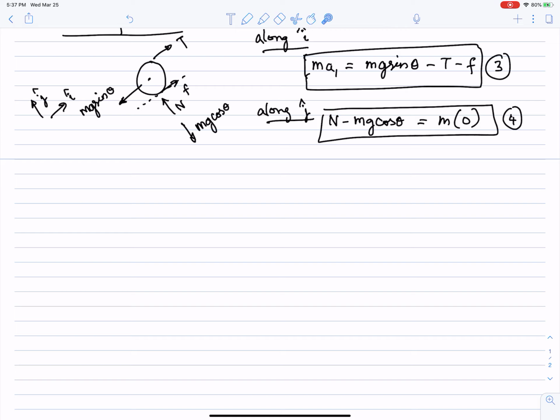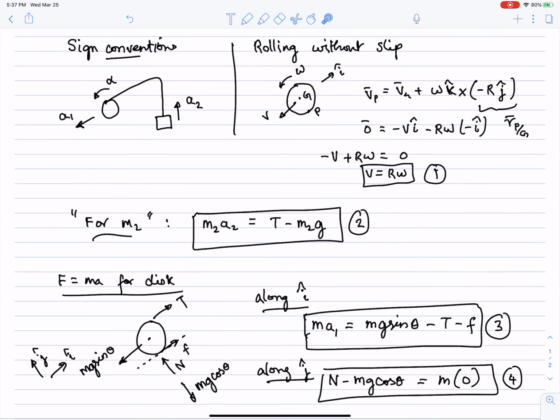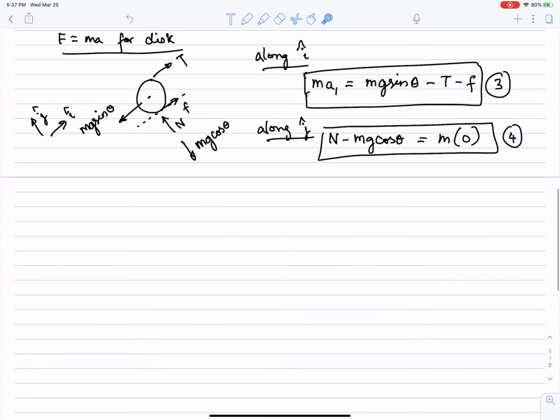But if the object is not slipping, as we've discussed, the friction force is solved for by essentially solving all these equations simultaneously. So we will not have to use something like mu N to determine the friction force. We will have to use mu N only to see perhaps if it is slipping, if the friction force is too high. Okay.